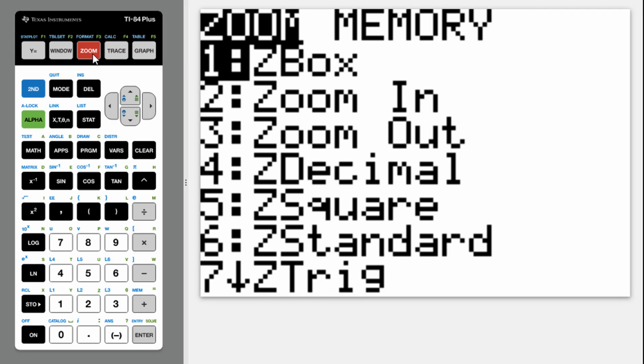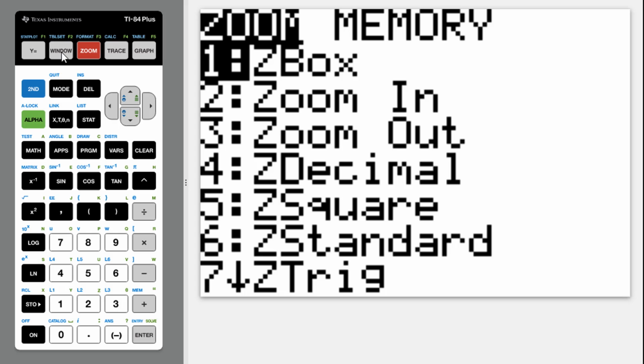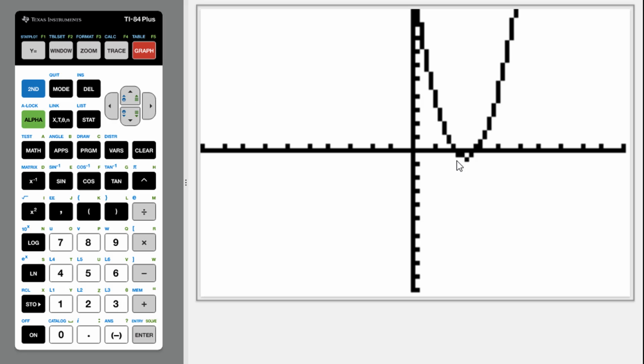If you go to zoom, this is 6, the standard window. So I go back to graph now. You could say it's hard to see the x-intercepts. If you want to see x-intercepts clearly, you have to change the window.